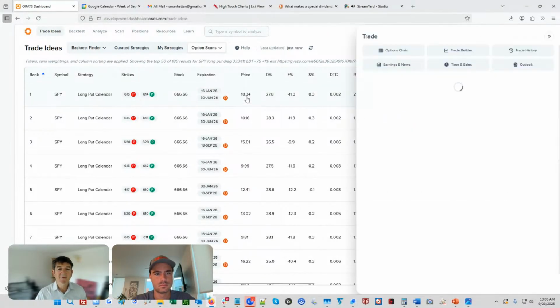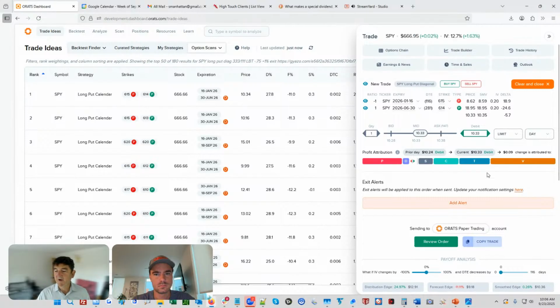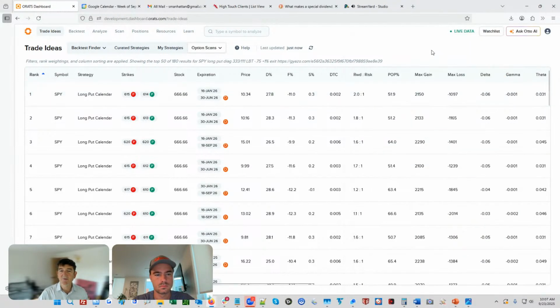As a matter of fact, if you click on it, it goes right to the trade, and you can send it to paper trading or one of your Tradier accounts that we have listed. And then there's a lot of information here. You could jump to the option chain, trade builder, trade history. All of these we've talked about in other shows, but it just is a nice place to start and to get into everything else and get trading, Tyler.